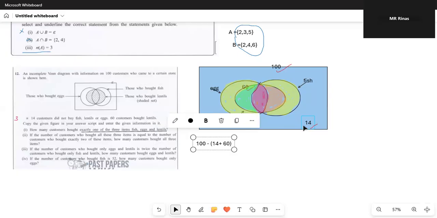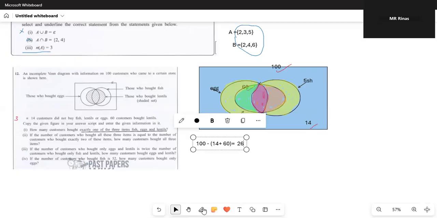Then it will be equal to 26. Right? So you have to add 60 plus 14, it will be 74. 100 minus 74 is 26. So the first answer is 26.